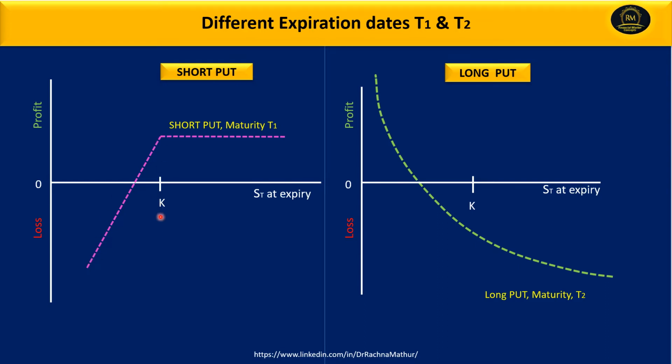It will be kinked at the strike of K. But if you are taking a long put at higher maturity T2, this curve will be a smooth downward sloping curve. There will be no kink shape in the curve which is drawn for a longer time maturity.